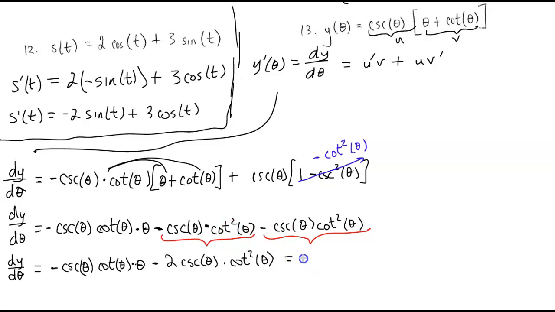So if I factor out minus cosecant theta, cotangent theta, then in the first term, all I'm going to be left with is theta. In the second term, since I also factored out the minus, this is going to be plus. And this cosecant is gone, and one of those cotangents is gone. So all that's left is another cotangent.